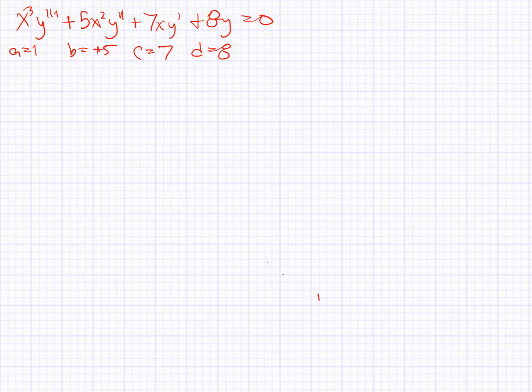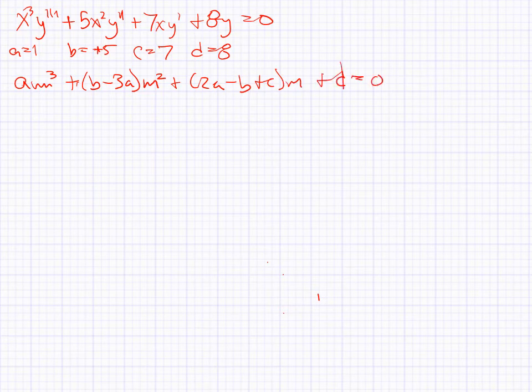So our auxiliary equation should be am cubed plus b minus 3am squared plus 2a minus b plus cm plus d equals 0.